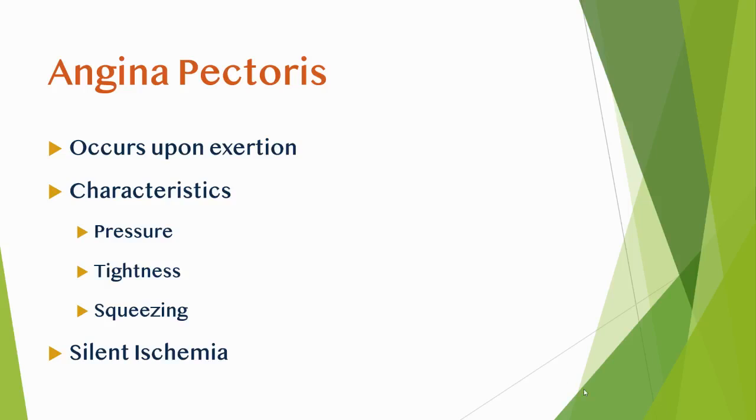One common symptom of ischemic heart disease is stable angina pectoris, which is chest pain or discomfort that typically occurs upon exertion, like climbing stairs or walking up a hill. It is felt across the chest as a pressure, a tightness, or a squeezing, and it usually improves with rest.